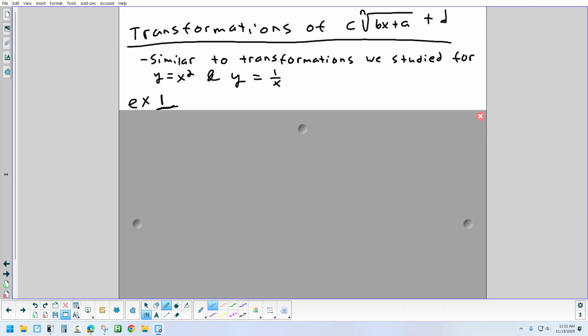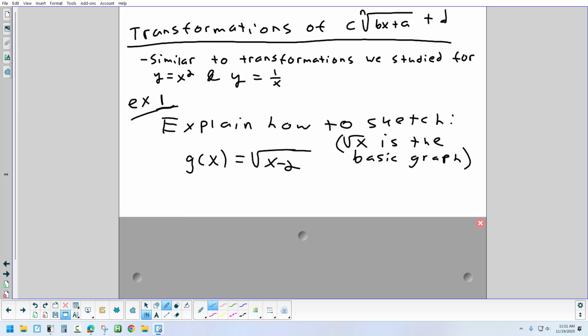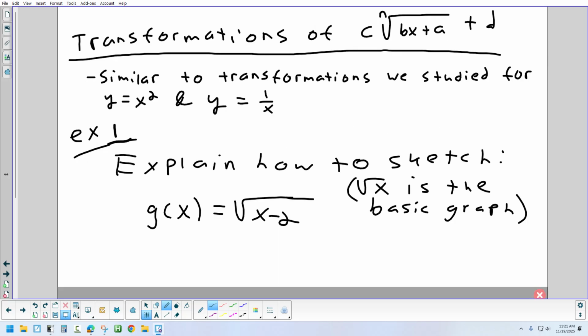All right. So, as I said before, similar to transformations we've done with other functions we've studied. And let's describe the transformations here. First thing, when you are describing transformations, you never compare a square root to a cube root. They're two different kinds of graphs. So you'd compare a square root to a square root or a cube root to a cube root. You always have to compare two comparable things.